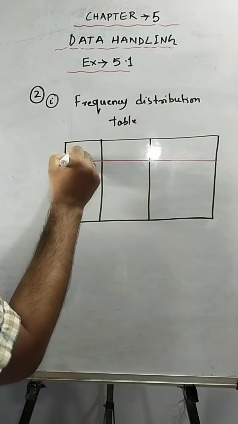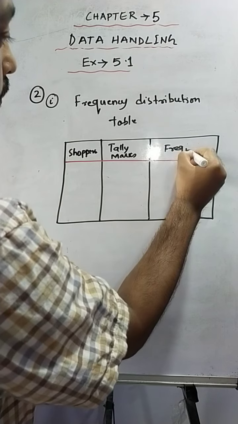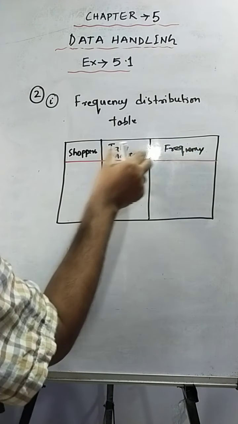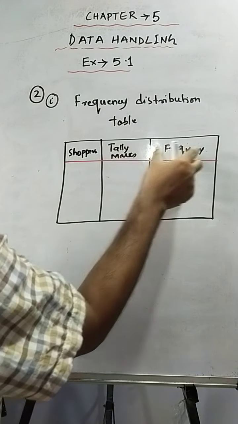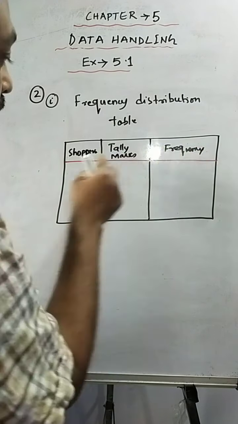The second column will be named tally mark, and the last one should always be frequency. These 2 columns will always be constant, that is tally mark and frequency. The first is a variable term because it depends on the question. In this question it is all about shoppers. In another question it might be about marks, or about the number of students.